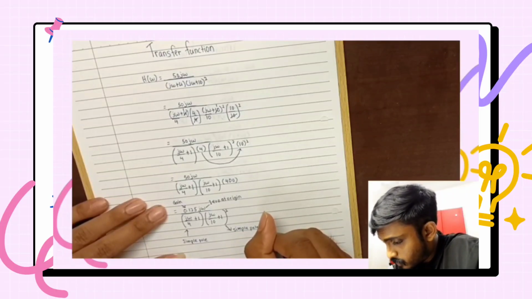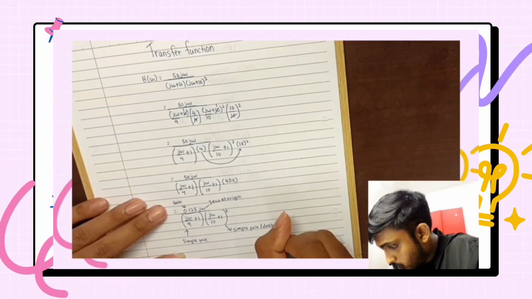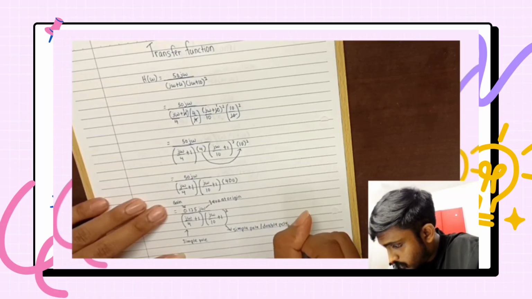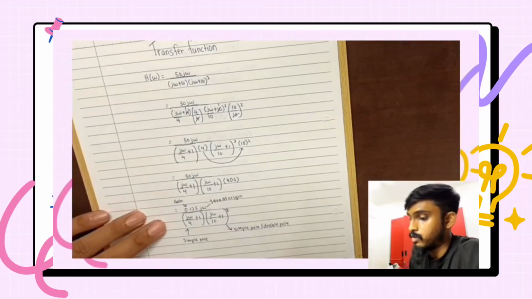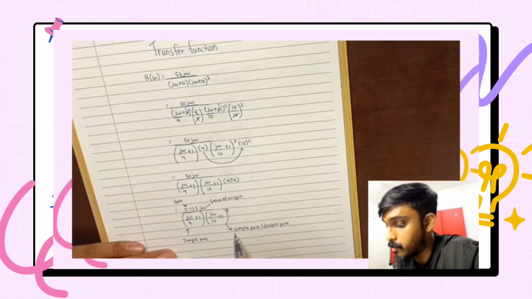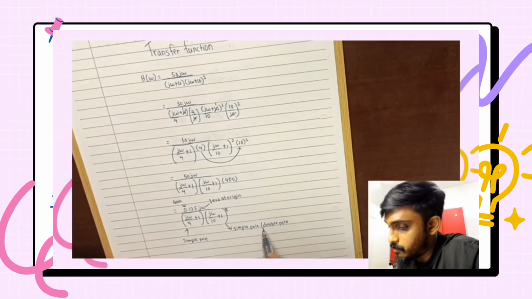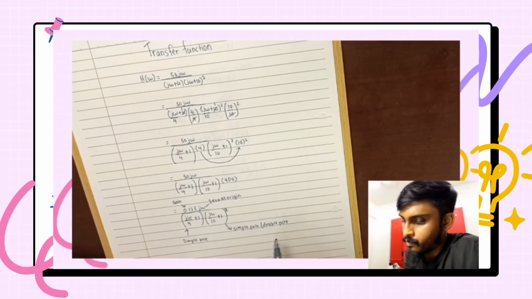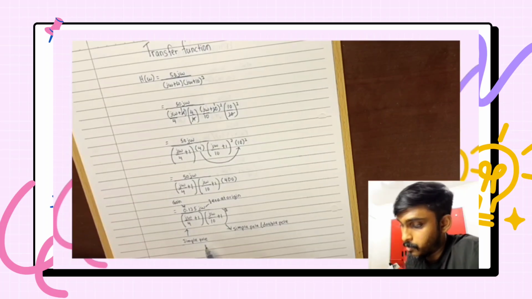But we can also define this as a double pole. The reason is that this term has a power of 2. If they are not to the power of 2, we call it a simple pole. If we have a power of 2, it will be a double pole. Same goes here, we do not have a power of 2 in these terms, so we call it a simple pole.